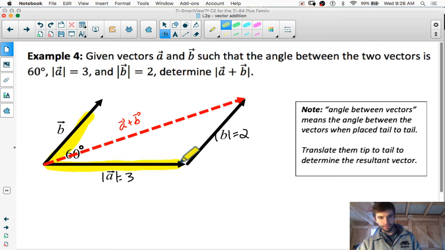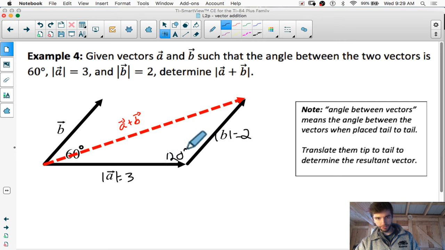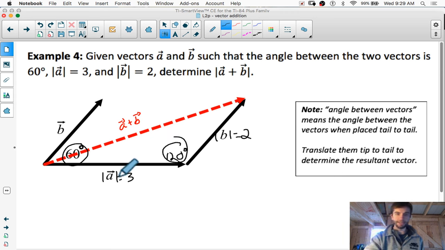And notice here, this line and this line are parallel. So the angles on the interior, we call them co-interior angles, add to 180. So the angle here is 60, which means this angle here has to be 120. So this angle is 120 degrees. And I got that because I knew that this angle and this angle had to add to 180.